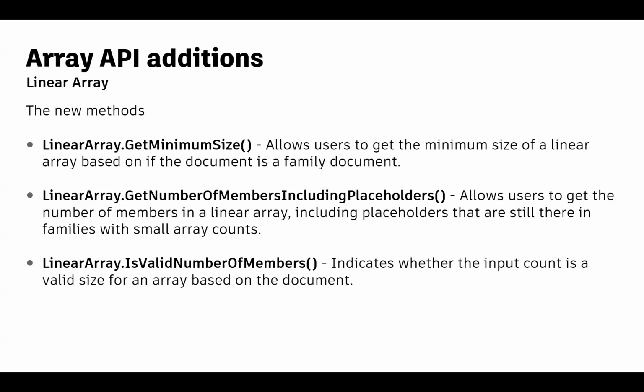So the new methods allow you to get minimum size based on the document and number of members, including placeholders, and the valid number of members, again, takes document, as I mentioned before, as an argument and gives a different answer based on whether it's family document or a project document.